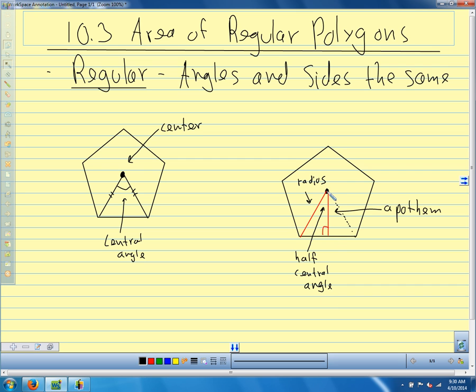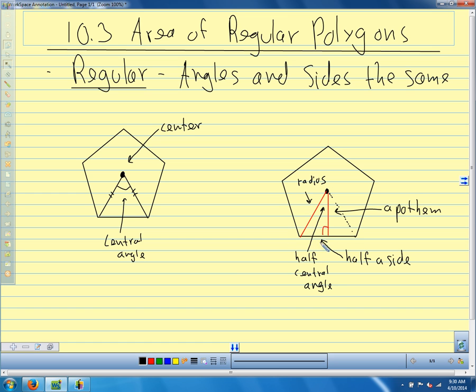What does the segment that goes from the vertex to the base of an isosceles triangle do to the base? It bisects the base. So this little piece of the triangle is half a side of the polygon.